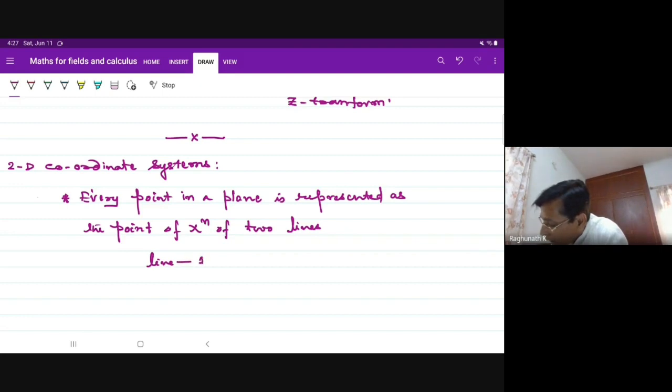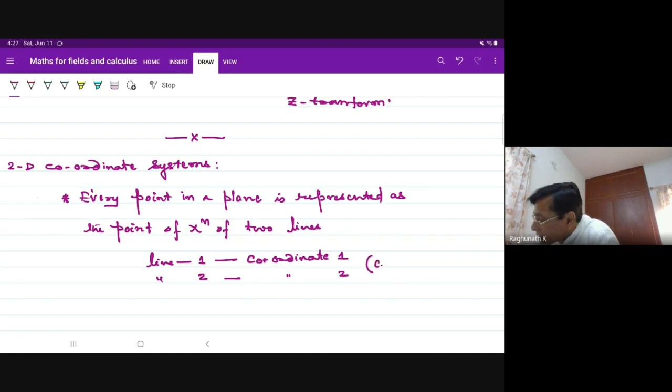Line 1 gives coordinate 1. And line 2 gives coordinate 2. And then we will keep them in the brackets and say C1, C2 is the coordinate of the point.